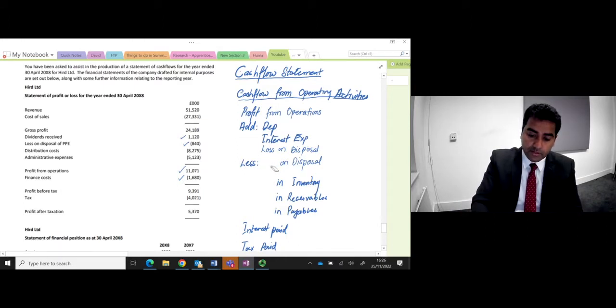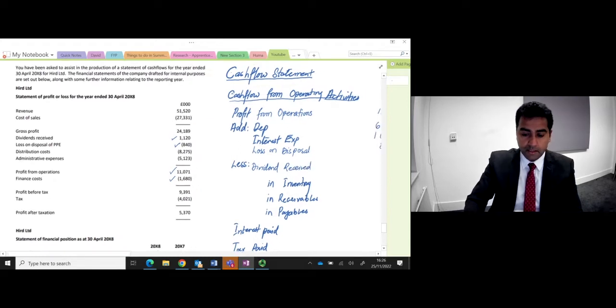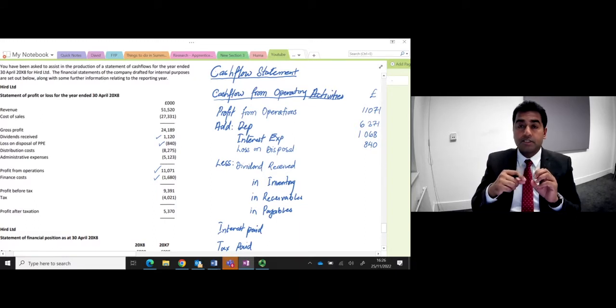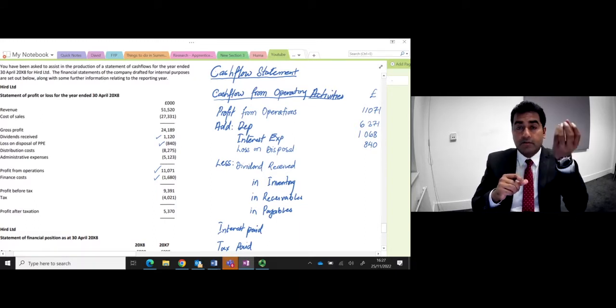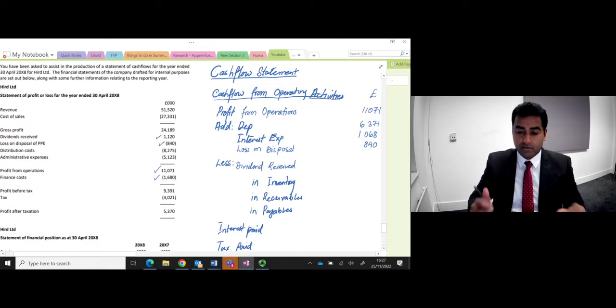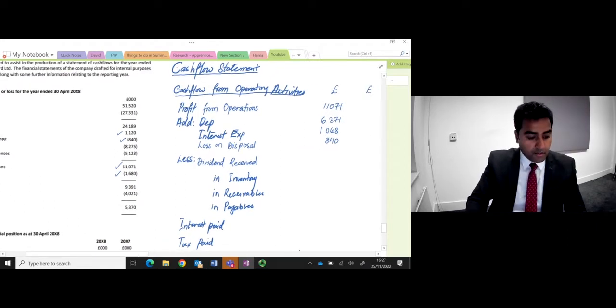So what I'm going to do is I'm going to erase this and I'm going to record dividend received. And the dividend received, which was added into the profit, which pushed the profit up. Now I'm removing it from the profit to push the profit back down. And the amount is 1120.